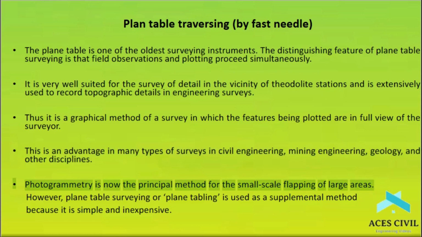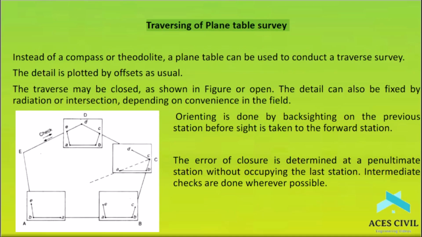Photogrammetry is now the principal method for the small-scale mapping of large areas. However, plane table surveying or plane tabling is used as a supplemental method because it is simple and inexpensive. Traversing of plane table survey.